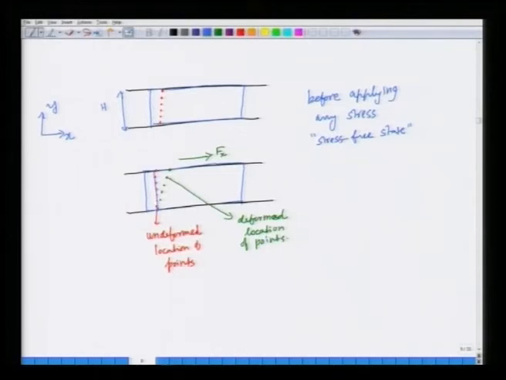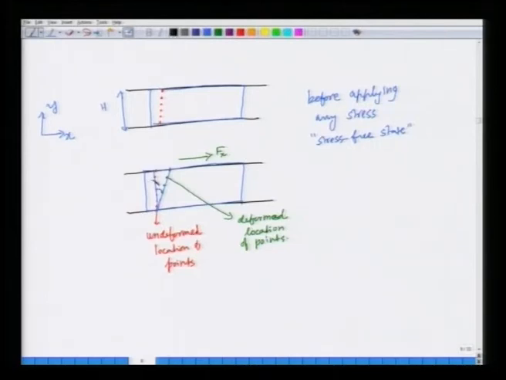Now, let me do this in a more quantitative way. So, you have the undeformed thing and the deformed thing. Since there is no force on the bottom plate, this point will remain here itself, whereas this point would have moved because you are applying a tangential force here.